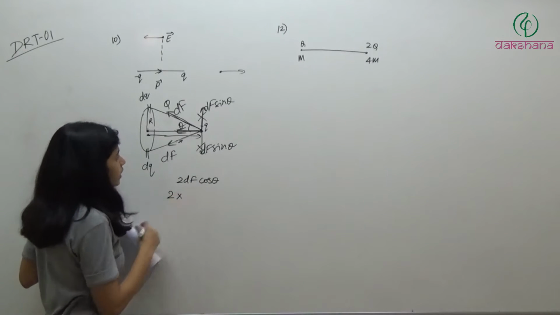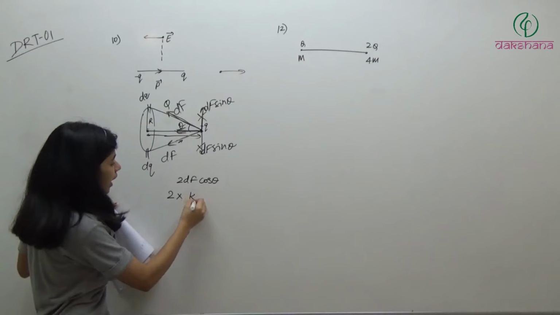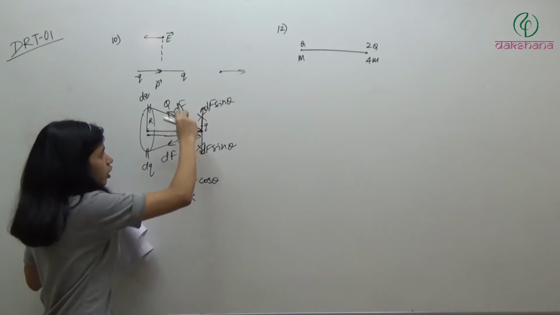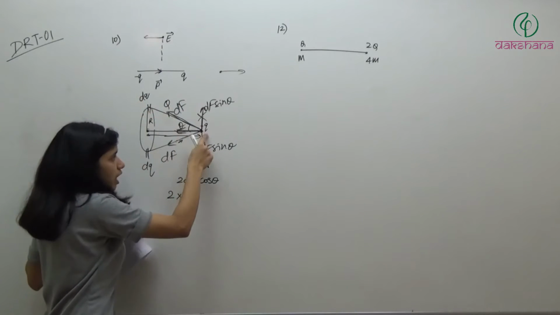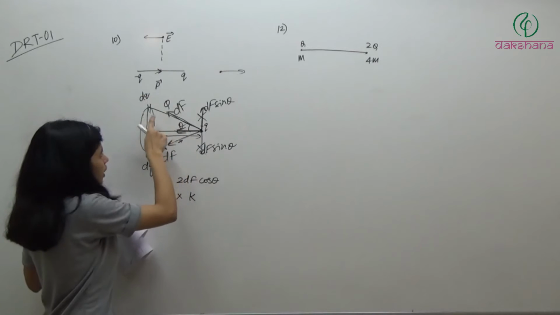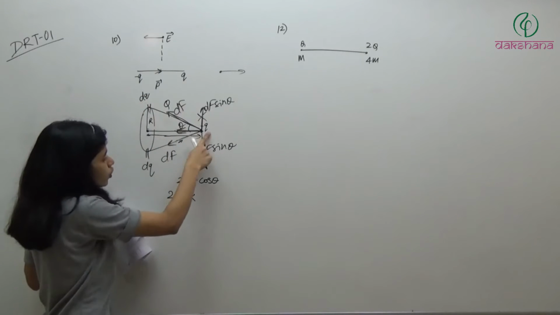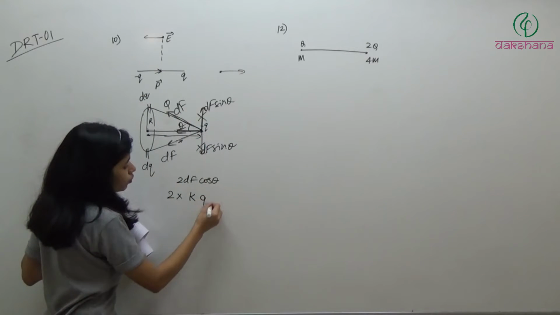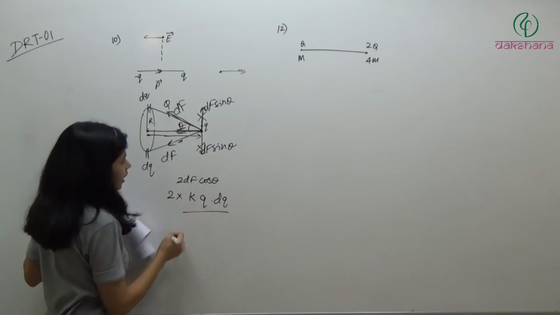So df will be k, we are just finding out this df, the force on this charge because of this dq. So what will come here? k q by r square.